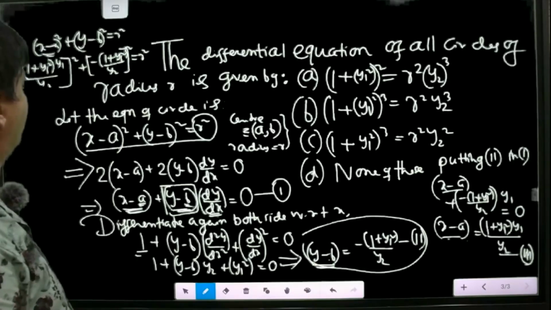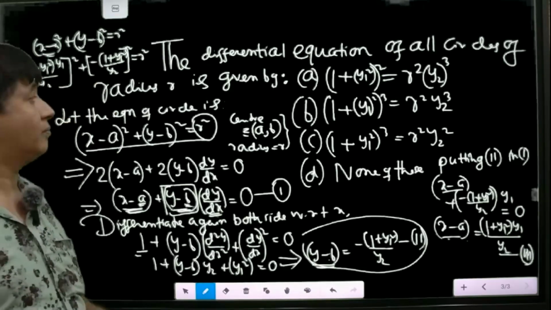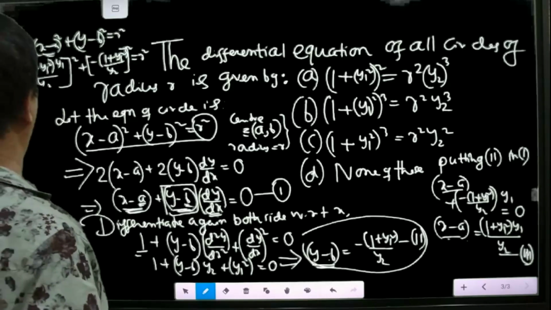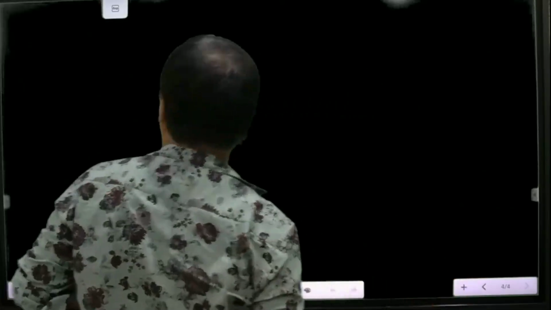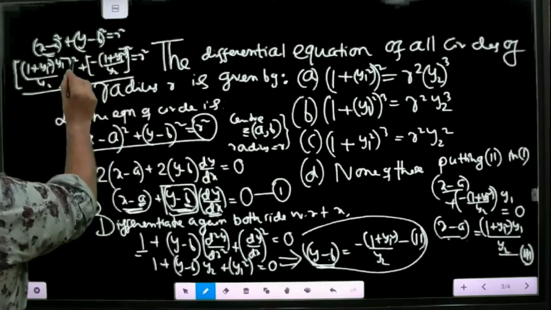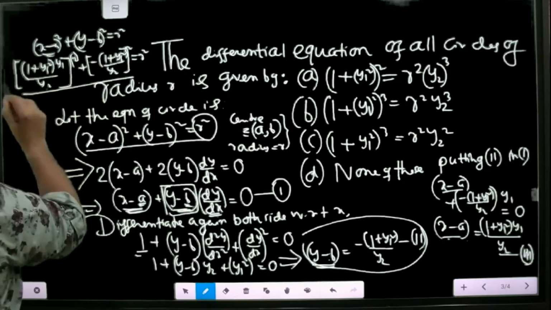Okay, up to this stage, I hope you could reach. Now only one thing is left, simple simplification. See, we could reach up to this stage. So, this power 2 is the power of each component.